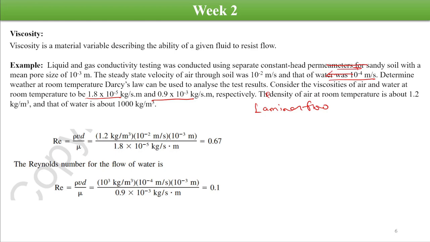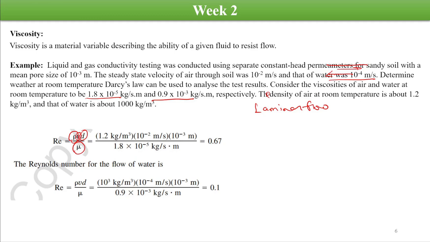So we'll need to check if the Reynolds number for liquid as well as gas is below 1, right? The formula for the Reynolds number is Re equals rho times velocity times the size of the pore in which the liquid is flowing, the diameter, divided by the dynamic viscosity.